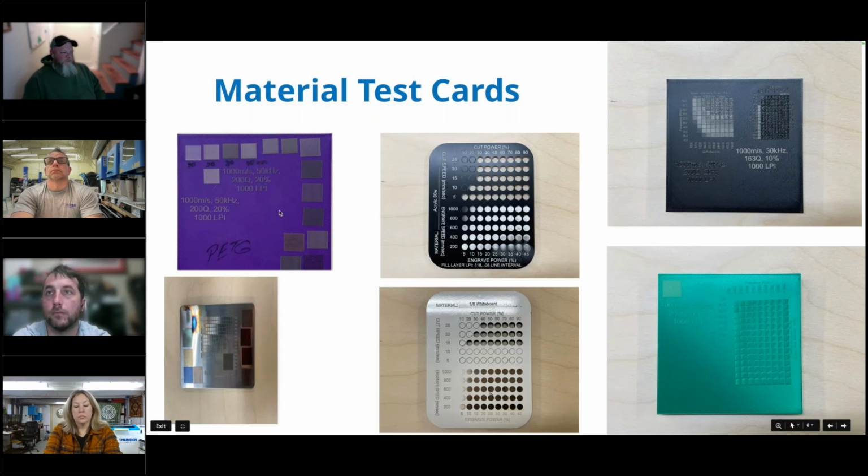If this one's 20%, then okay, let's make it 30% power, or 40% power, so I can see what the differences are. So there's a variety of ways to do material testing. It doesn't just have to be specific to the legacy test that we have, or the railroad track one, or the one generated by LightBurn.